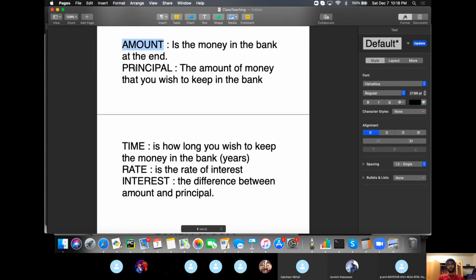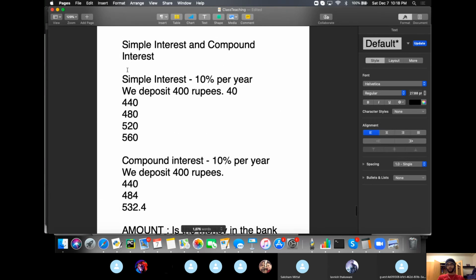Amount, principal, time, rate, and interest. Okay, so in this problem, the first one, our principal was rupees 400, our time was 1, 2, 3, 4 years, our rate of interest was 10%, and our interest, can somebody tell me what was our interest here if we kept it in the bank for 4 years?